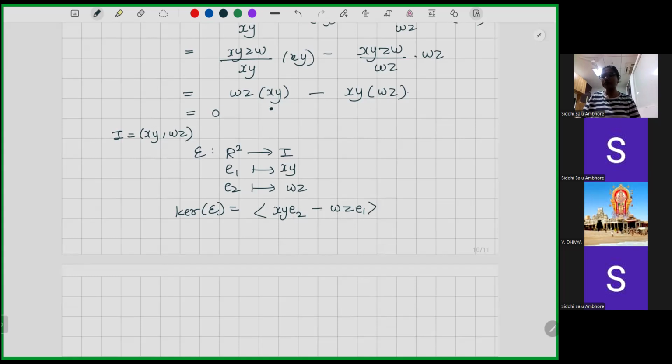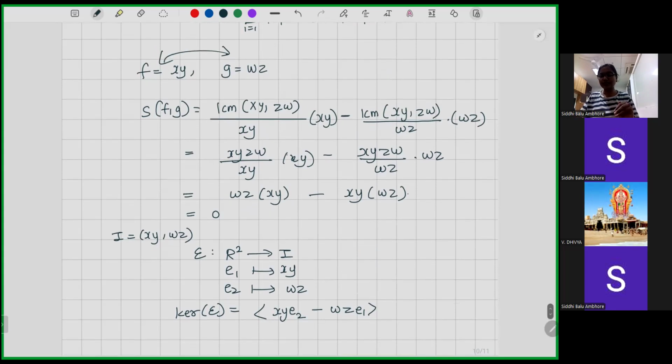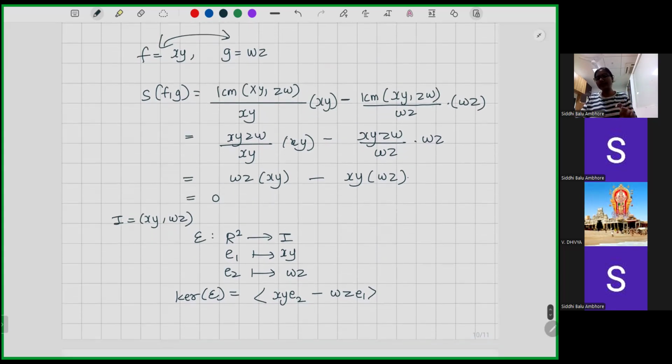So this is essentially the same thing with a negative sign, but that doesn't matter. If I switch F with G and calculate this, I will get the same thing. Understand that this S polynomial is giving us the CGG for these two polynomials, XY and WZ. And we can also calculate CGGs using Macaulay2.